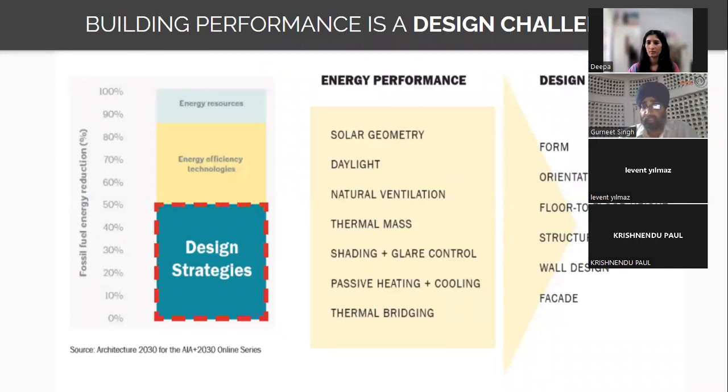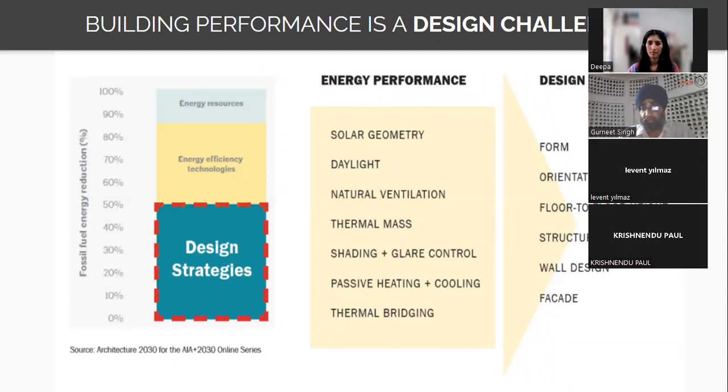Looking into solar geometry, looking into daylighting, natural ventilation is very important. How the thermal mass of the building impacts the energy usage, comfort conditions, looking into shading and glare, looking into components of passively heating or cooling the building, and definitely looking into thermal bridging.